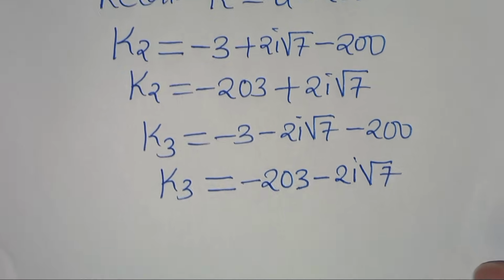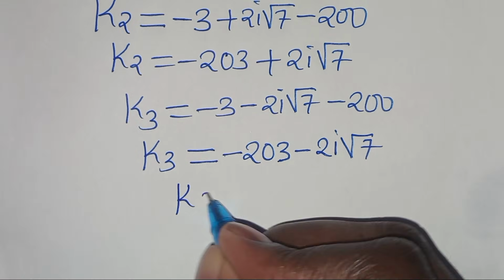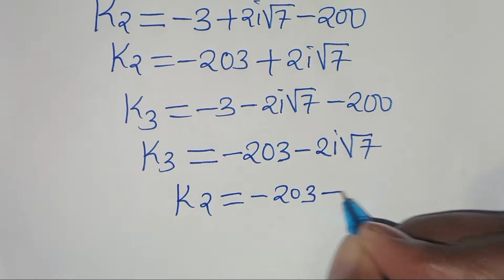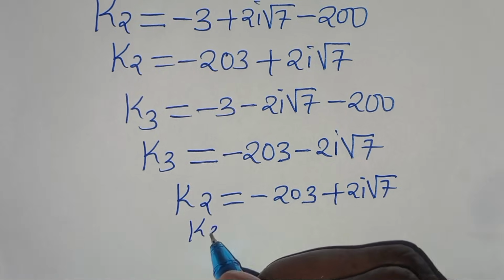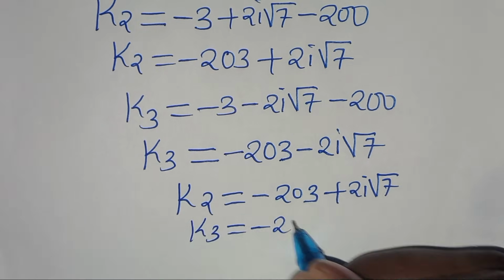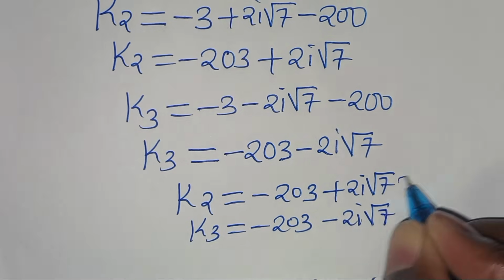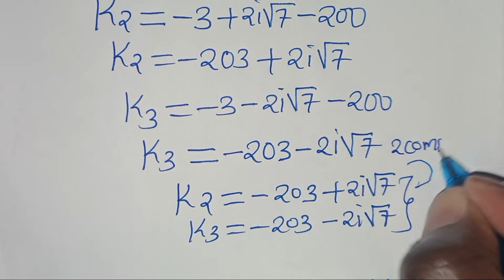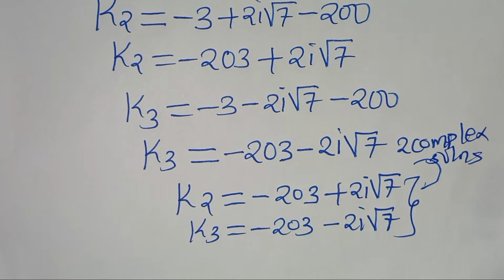So we have two complex solutions here. That is k2, which is minus 203 plus 2i square root of 7, and k3, which is minus 203 minus 2i square root of 7. These are two complex solutions for this algebra problem.